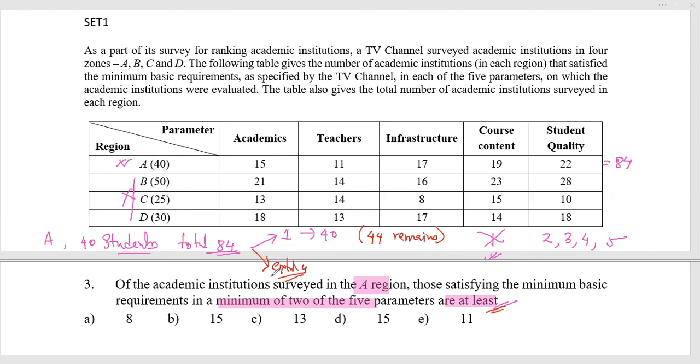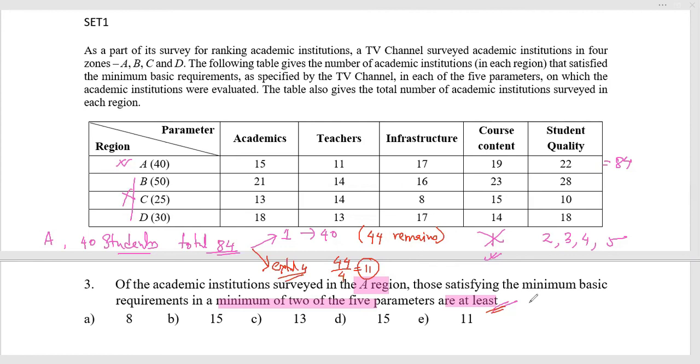Because the students, those who have received another 4 chocolates, that students will actually have all 5 chocolates. Because already 1 chocolate they have received. And that extra 4 I want to divide, and that is 44 remains. So 44 by 4 means 11 number of students will be receiving that 4 chocolates each, and they have already received 1 chocolate.